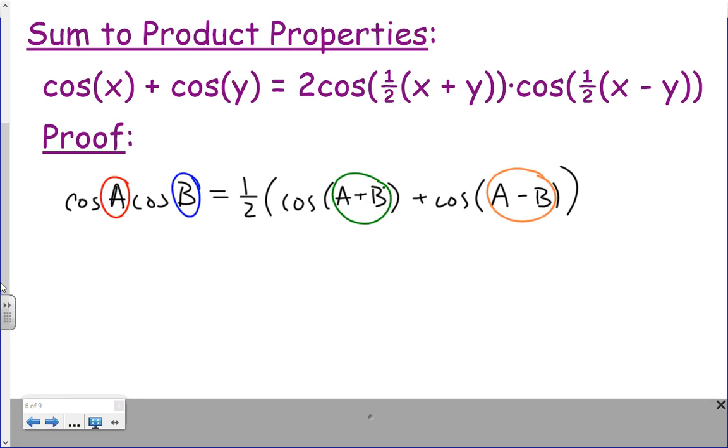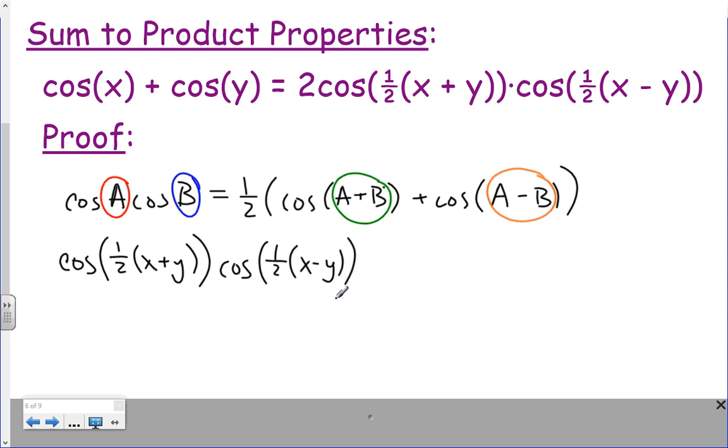So I've got the cosine of a, and a is equal to 1/2 of (x plus y), and cosine of b. So b we said is equal to 1/2 the difference of x and y. And then over on the right side, this is equal to 1/2 of the cosine of a plus b.